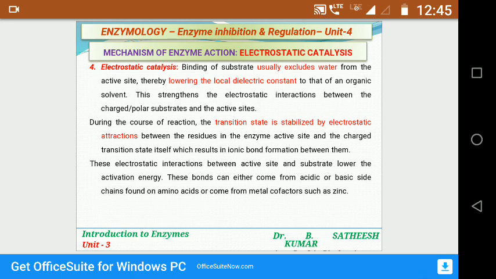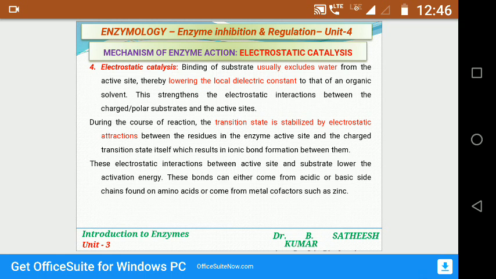This binding energy is used as activation energy to drive the reactants to their transition state. So for the conversion of substrate to transition state, we require some amount of activation energy. Most of the activation energy comes from the binding interaction between the substrate and its active site, and it replaces the water molecule from the active site.